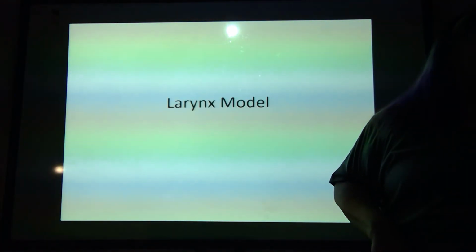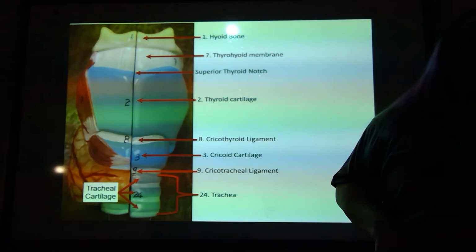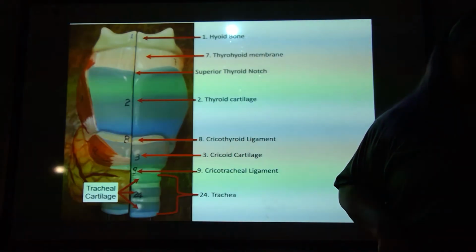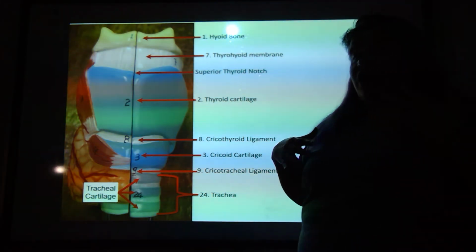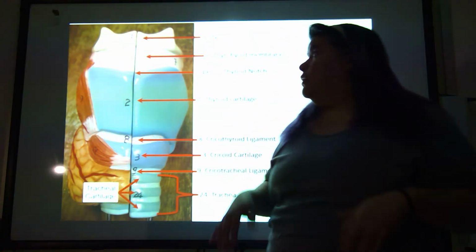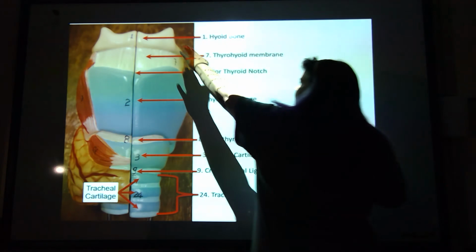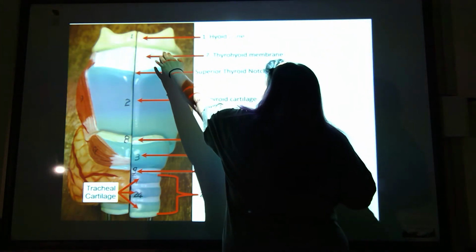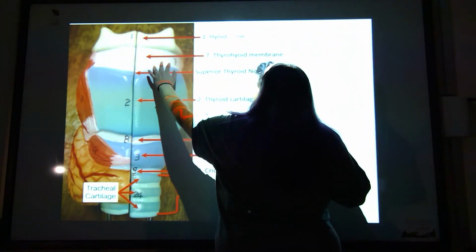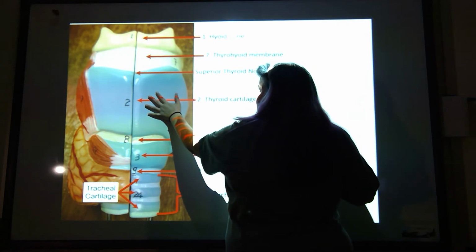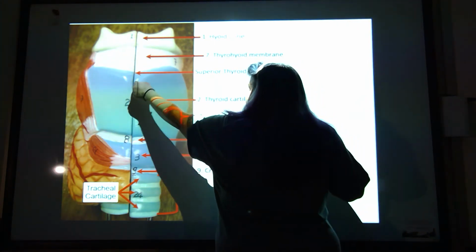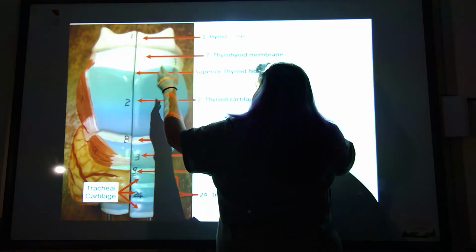So let's look at the larynx model. Hang on. Yeah, okay. So this is the larynx off of our respiratory system model. And you can see the hyoid bone, the thyrohyoid membrane, that piece of tissue between my hyoid bone and my thyroid cartilage. This is the thyroid cartilage. It kind of looks like two butterfly wings.